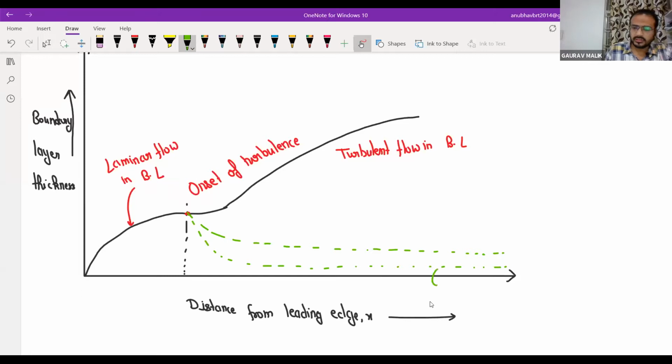This lower one is known as the viscous sublayer, and this one is known as the buffer layer. And after that, we have the turbulent core.